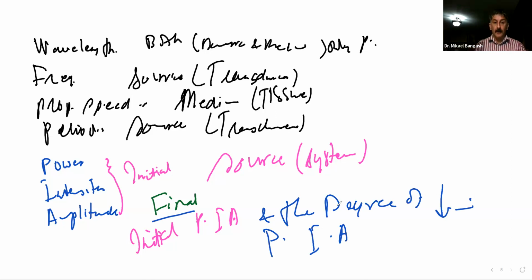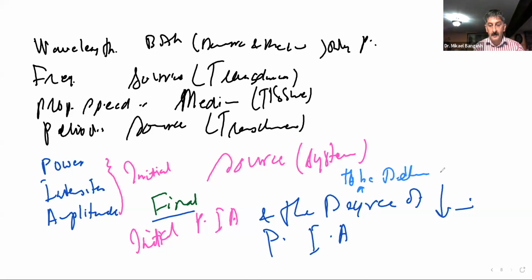So mainly, the final power is going to be determined by the initial power, which is determined by the source, and the degree of decrease in these three bigness parameters. The degree of decrease in the bigness parameters is going to be determined by the tissues.